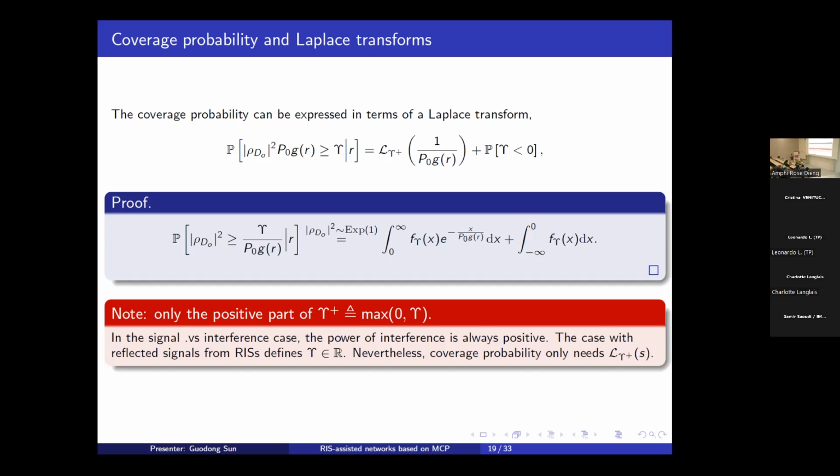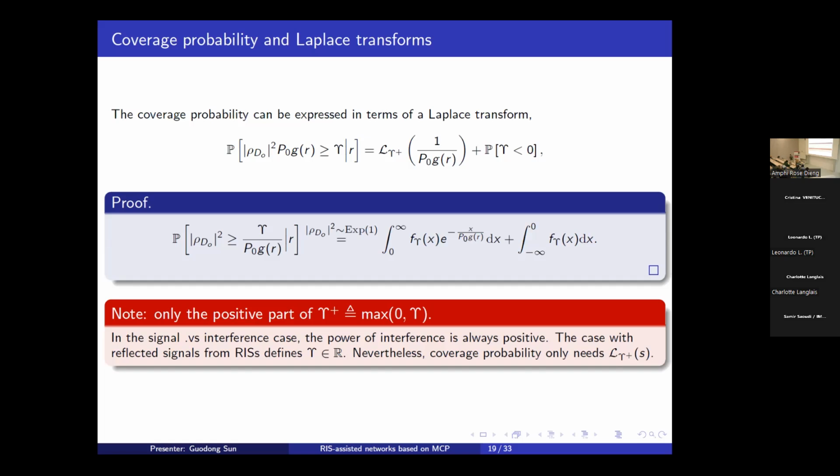Before the introduction of RIS, this epsilon is only positive. The interference and noise are some power of something, just positive things. And you move the reflected signal, which is a positive power, to the right-hand side. It becomes negative. It becomes defined on the whole real axis.